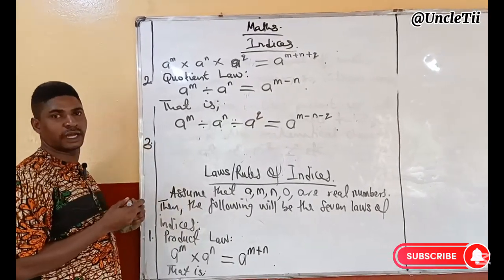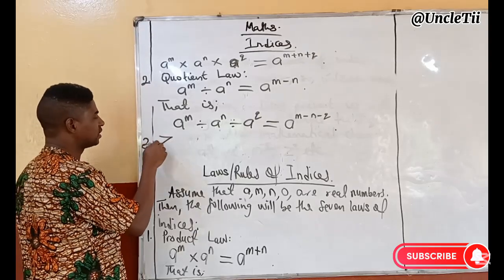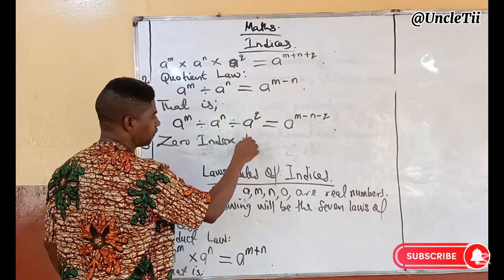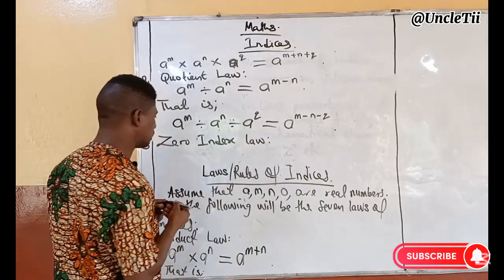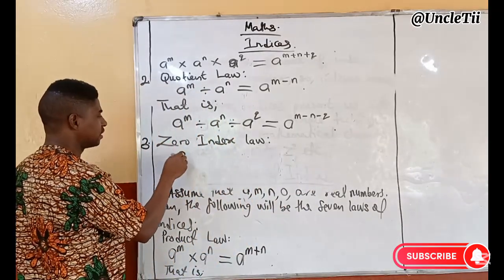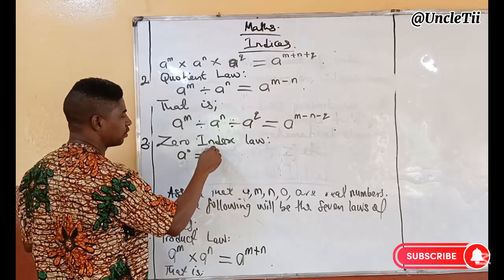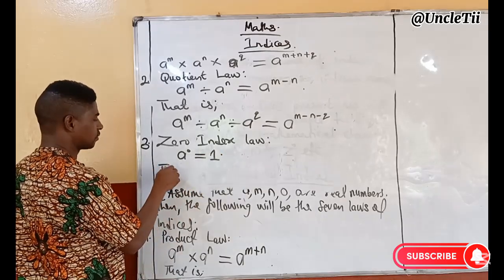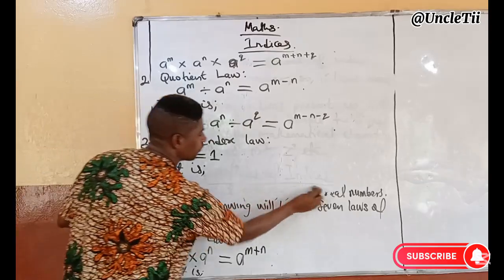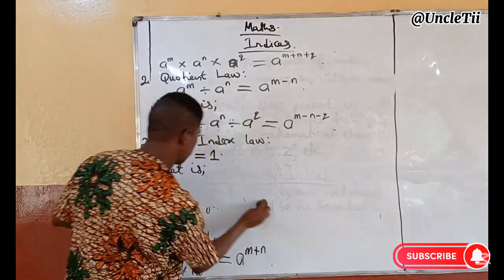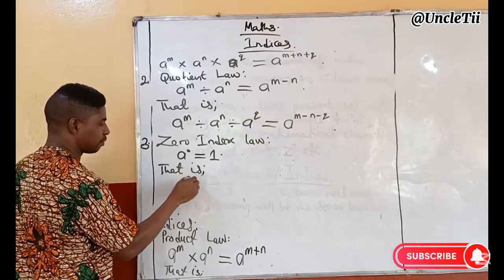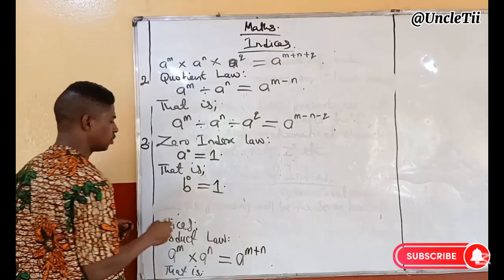Quickly, let's run through the third one. The third one is the zero index law. What's the zero index law saying? The zero index law is saying that a^0 is 1. That is, b^0 is equal to 1.